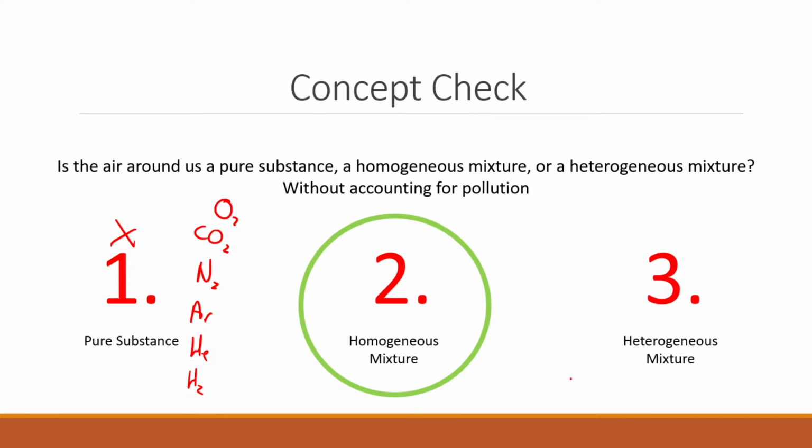Which brings us to mixtures. We know it's a homogeneous mixture because the air that you breathe in and out doesn't change when you move from room to room. If I go to the kitchen and take a breath, there's no more oxygen in the kitchen than there is in the bathroom or in the bedroom. No matter which room in my apartment I'm in, the air is the same.